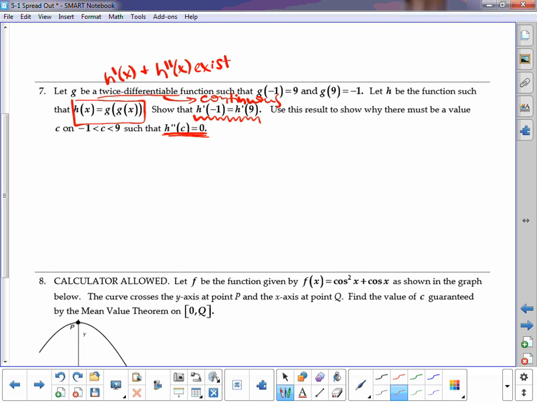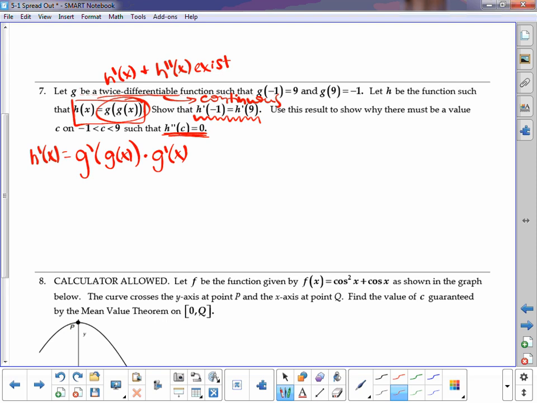All right, so we need h prime. So let's go ahead and find h prime of x. What rule am I going to have to use for the derivative of that crazy thing? Chain rule, good. So chain rule says derivative of the outside, inside stays the same, times the derivative of the inside.